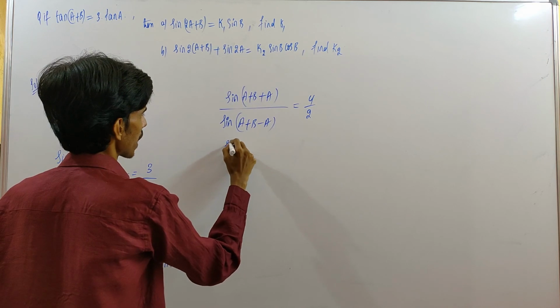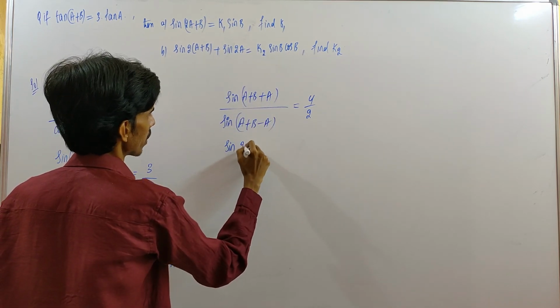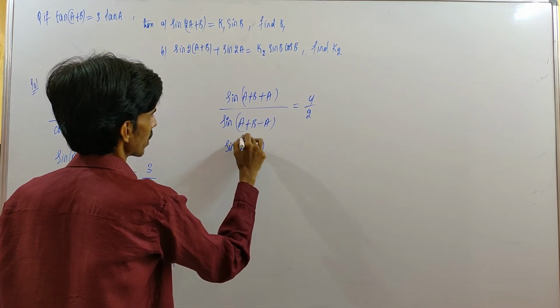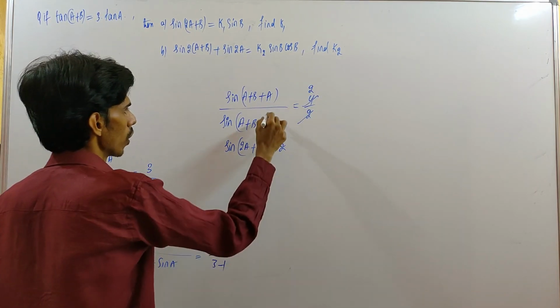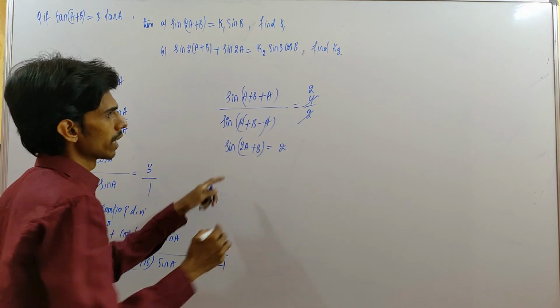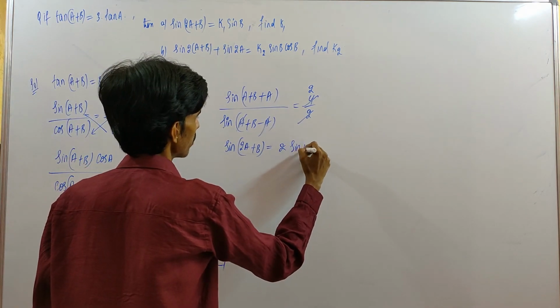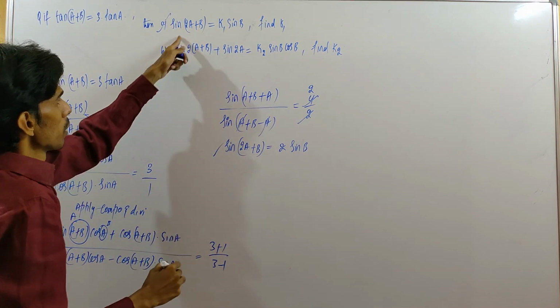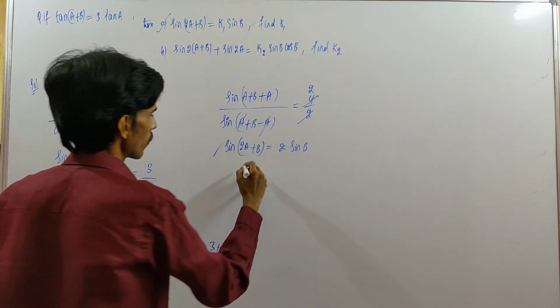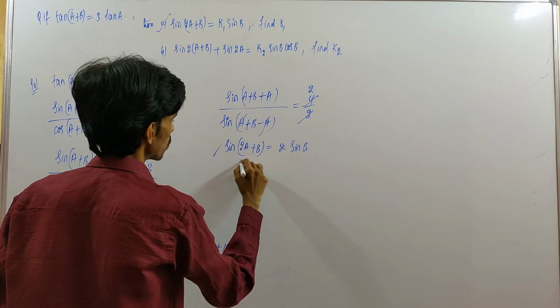Now this will become sin(2a plus b) by sin b is equal to 2. Sin a cancels here. Cross multiply, it will become sin b here. Now compare this with sin(2a plus b) equal to k1 sin b. Therefore by comparing, k1 value is 2.